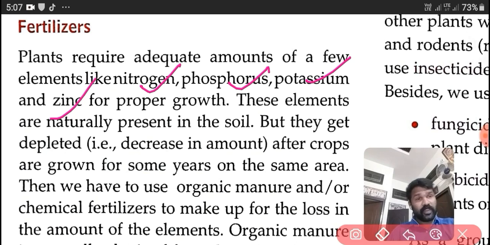By continuously using these elements, crops can deplete them; their amount can decrease. Afterwards, what will we do? We have to enrich the soil, we have to add these elements. To add these elements, we have to use fertilizer.